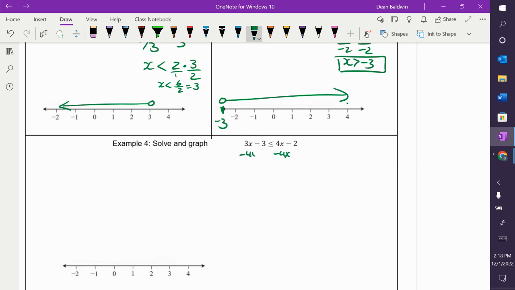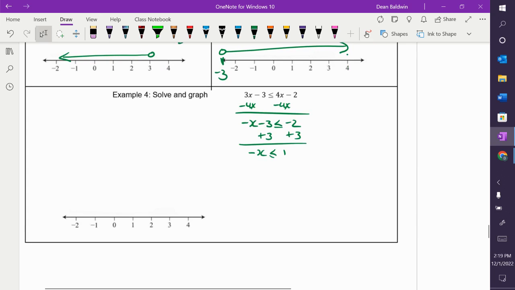Minus 4x, minus 4x. Add 3, add 3. So I get to this point. Remember, if you add or subtract something, you don't flip it.